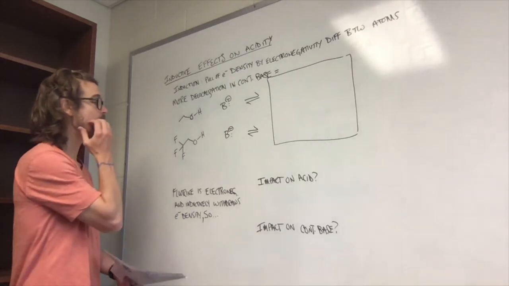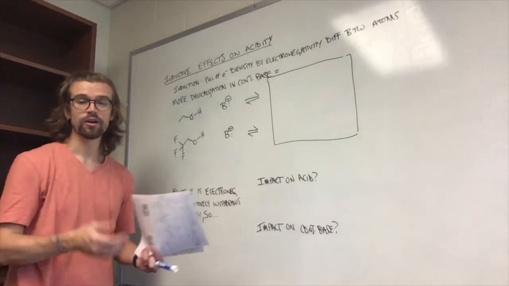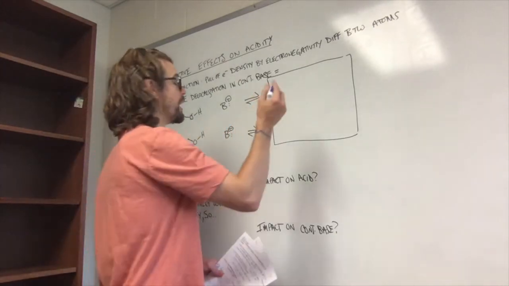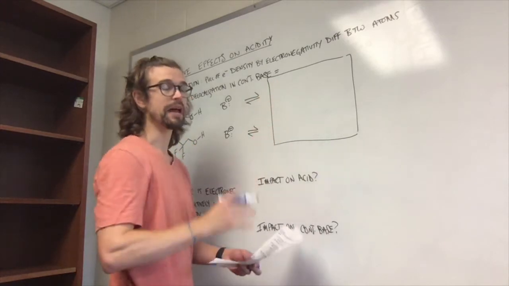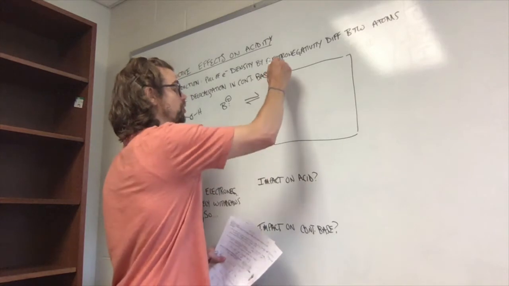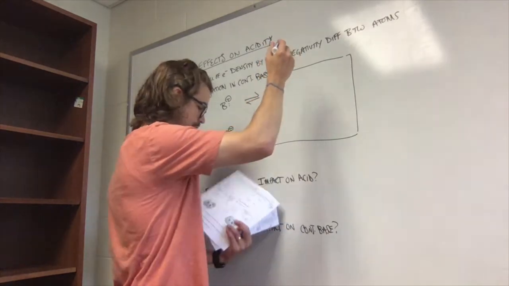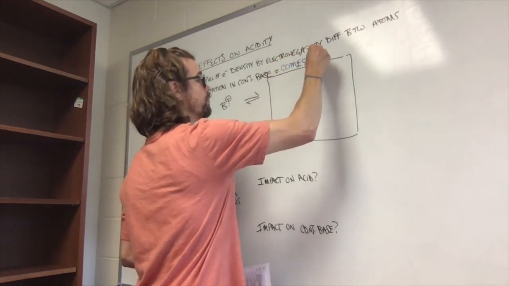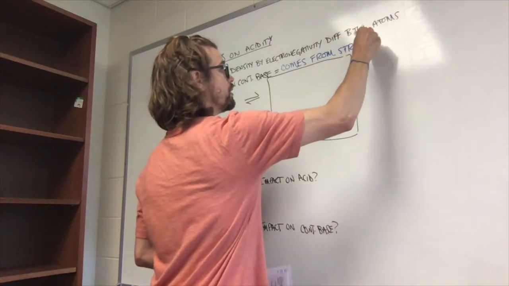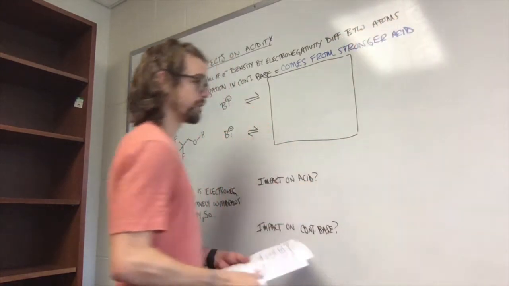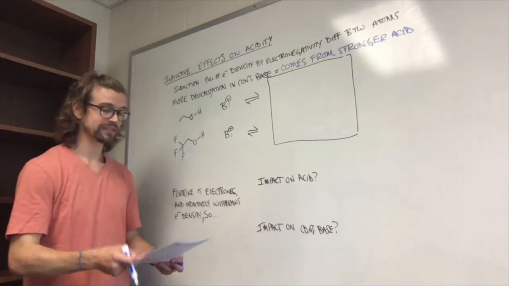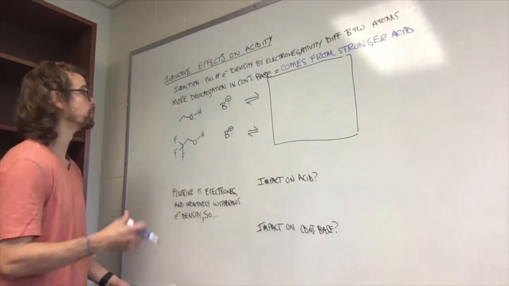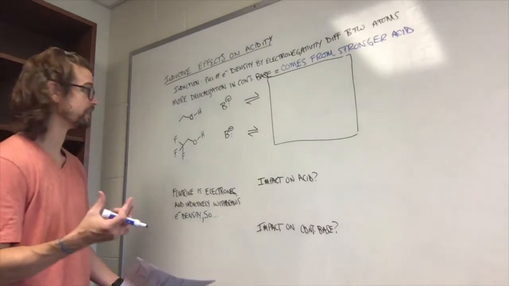And what we know about conjugate bases and their relation to acidities is that greater delocalization in the conjugate base comes from a stronger acid. So if we have two different species, and one of them is more delocalized than the other, the more delocalized one came from the stronger acid. It's a more stable conjugate base because of that extra delocalization.